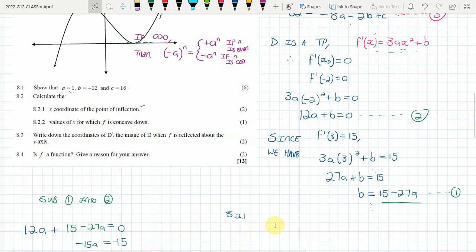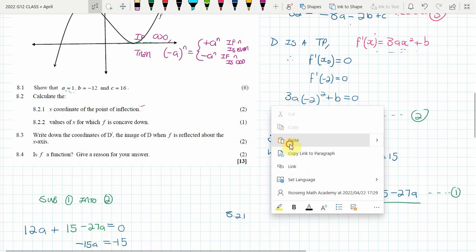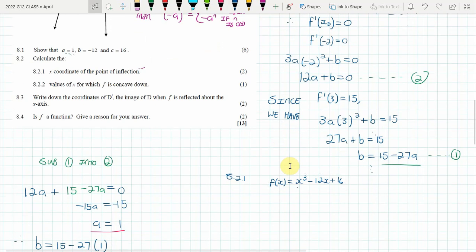This is f. Now we need the second derivative.